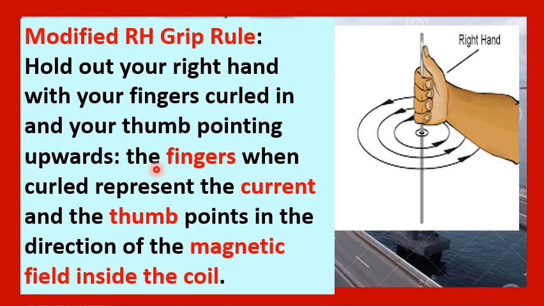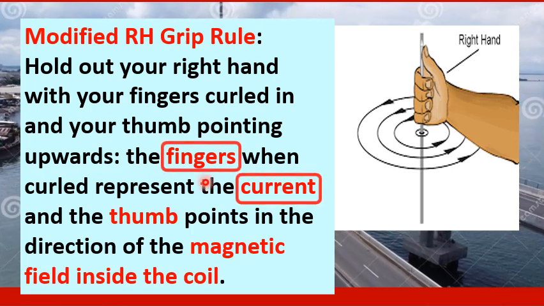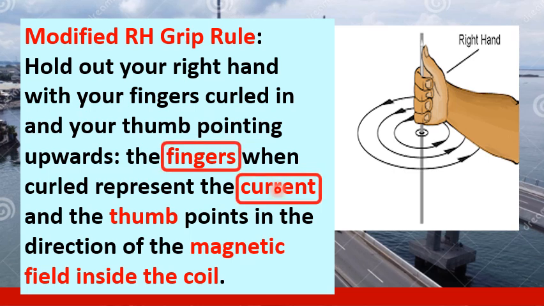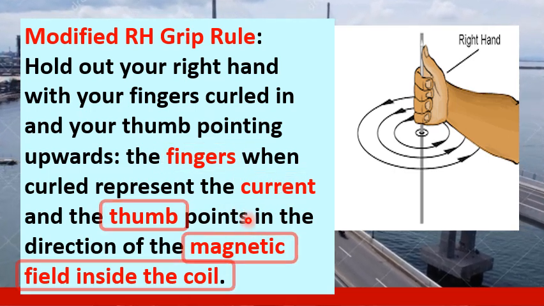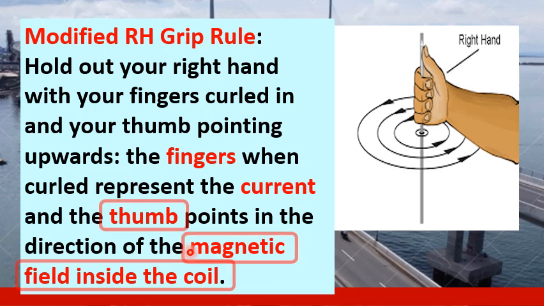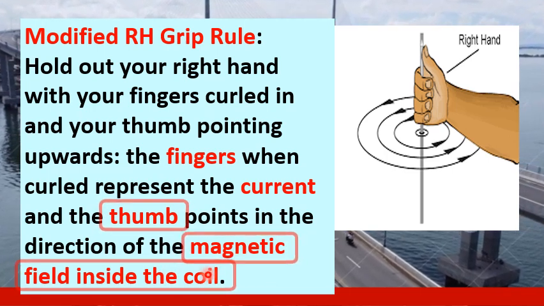So the fingers, when curled, represent the conventional current, and the thumb points in the direction of the magnetic field inside the coil.